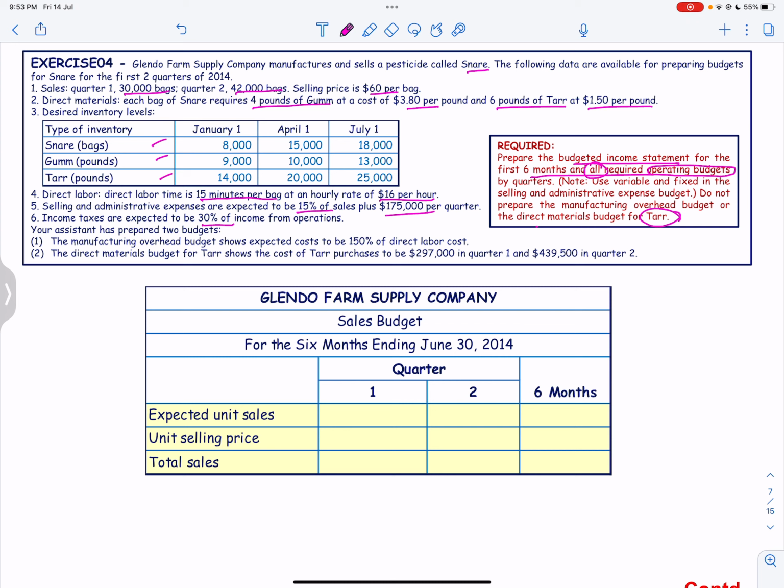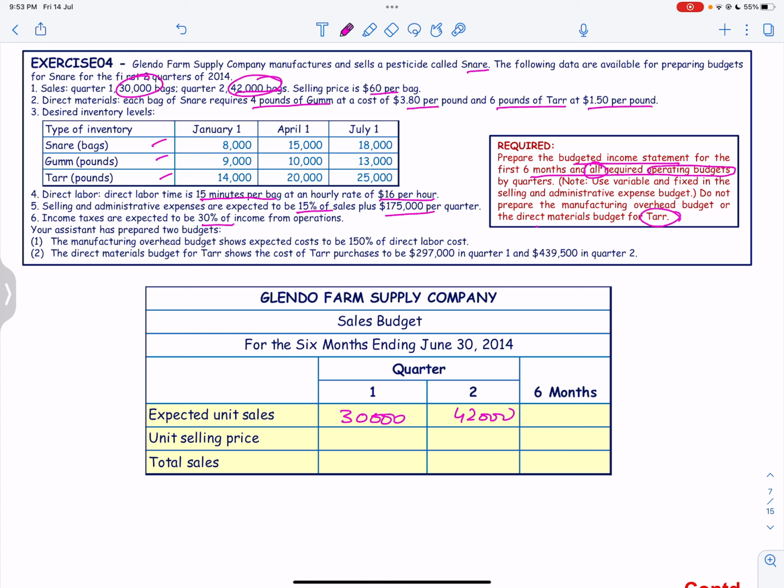So first of all, we start with the sales, and sales is going to be the total sales. And the sales in the first quarter is 30,000 bags, and in the second quarter it is 42,000.